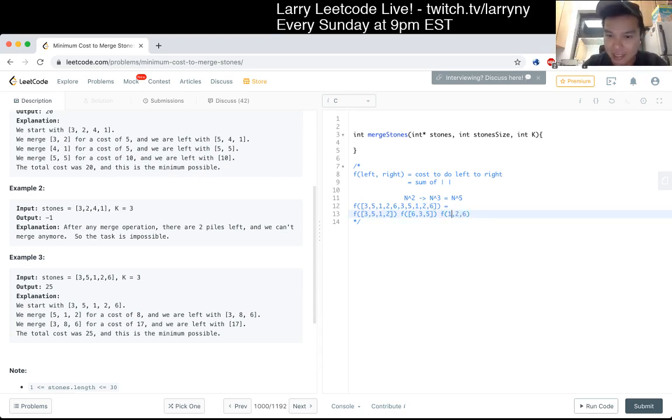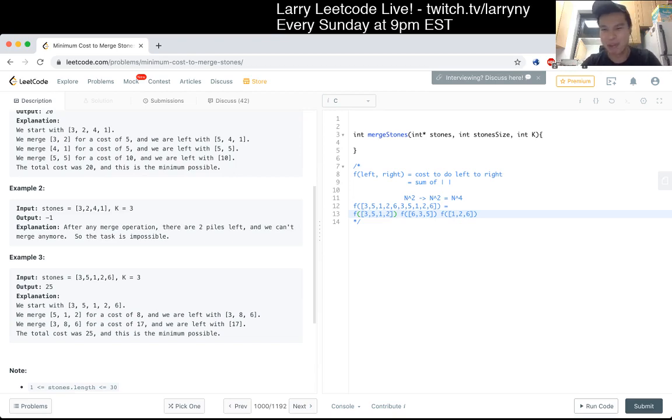This is n cubed because you just have i, j, k for loops to go through it. Actually, maybe with i, j only, so maybe this is n squared because there are only 2 partitions, so it may be way faster. Then you take these and sum them up, and these are your pieces, and then you merge those 3 together.